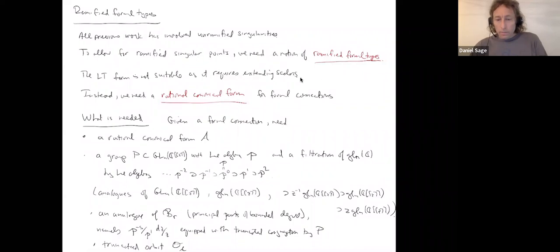And the problem with the level-Turton form is it requires passing to a cover of the formal puncture disk. It requires adding these roots.